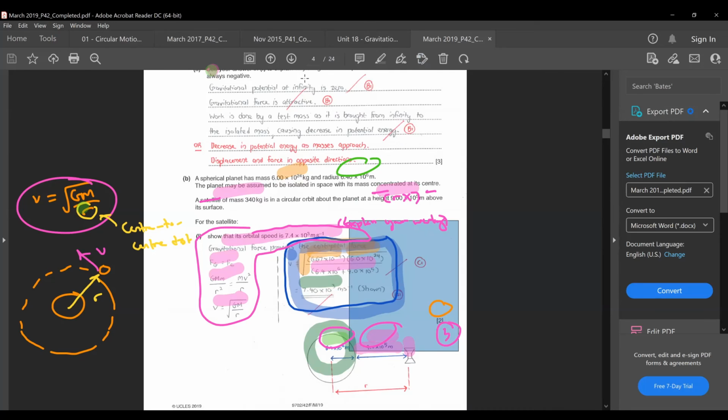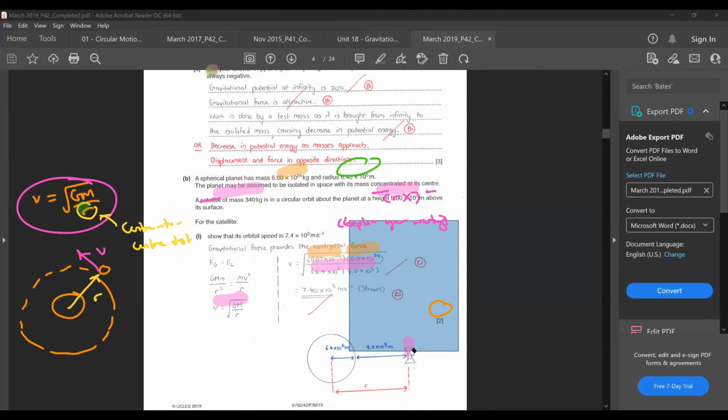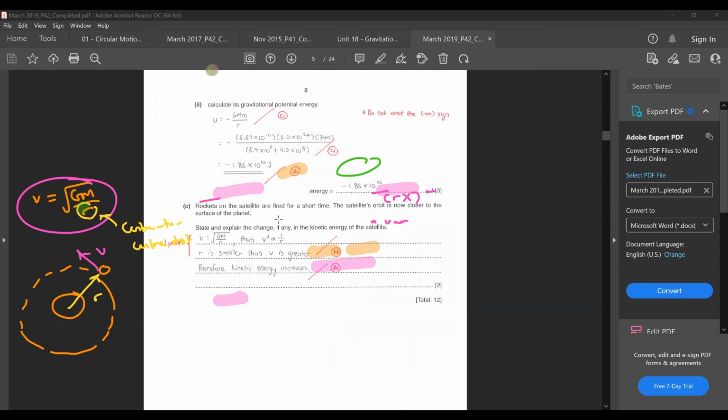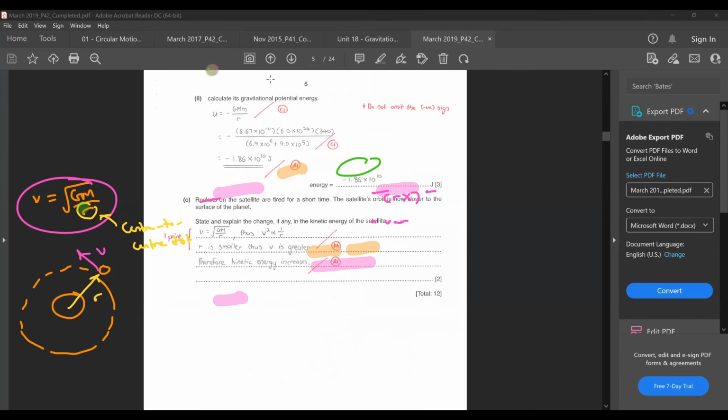There's another part in the following section, so let's go to the next one. Here they ask you to calculate the gravitational potential energy of your satellite. It's like what we just did, but this time they give us actual values to substitute. Your gravitational potential energy will be U equals negative GMm over r. You know your G, your big M, your small m, and your r, as I mentioned, is you adding the radius and the height together.